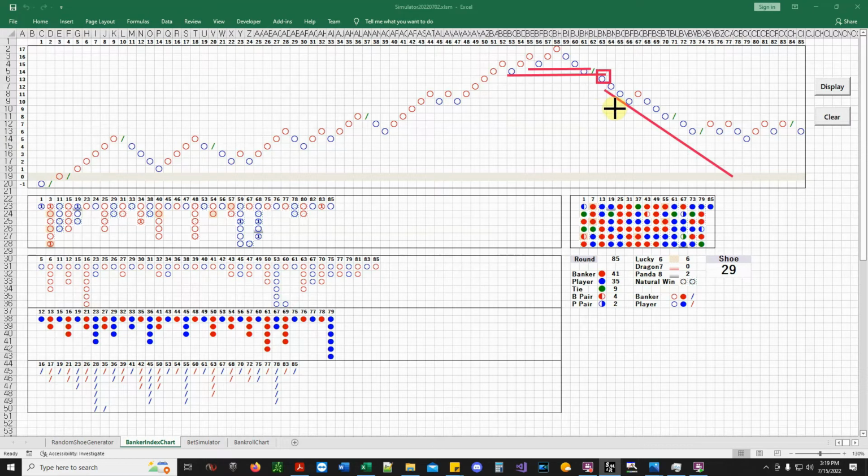I remember plenty of vlogs or websites having many a discussion about, yeah, but how do you know when that trend is turning around? This is a perfect example right here, a perfect example of a banker shoe turning into a player shoe.